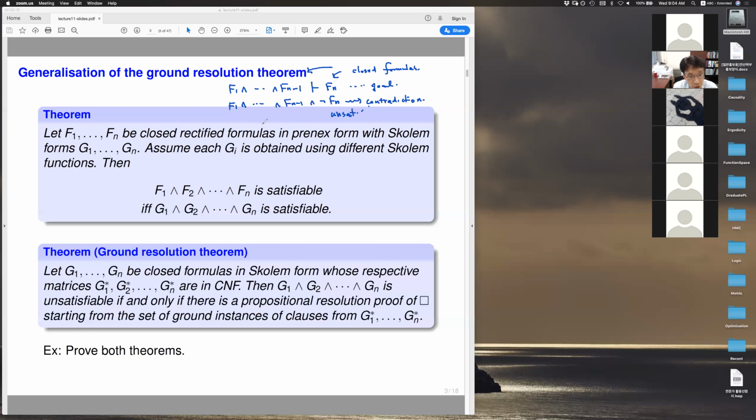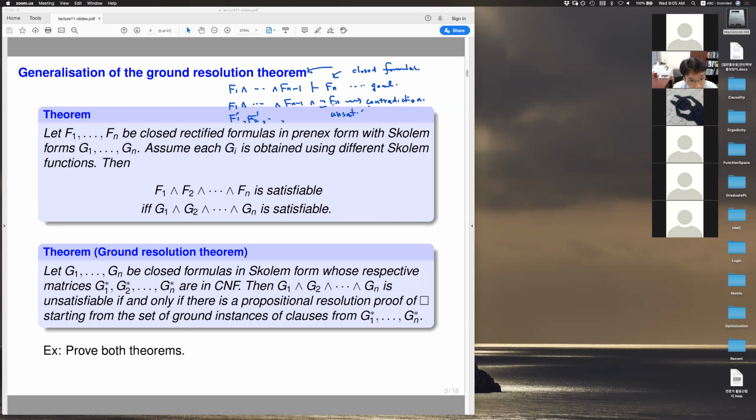So how should we use these two theorems? The first theorem is written as a mathematical theorem, but what it really suggests is the following methodology. We first change F1 up to Fn, well, F1 up to Fn-1 and the negation of Fn, to rectified prenex formulas F1 prime, F2 prime, and so on.